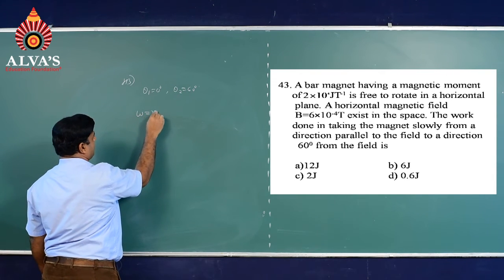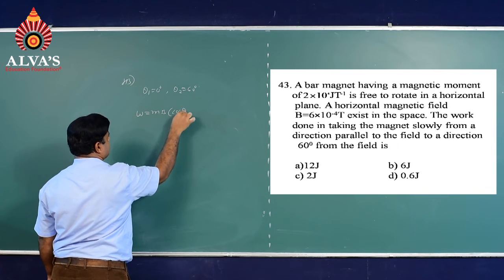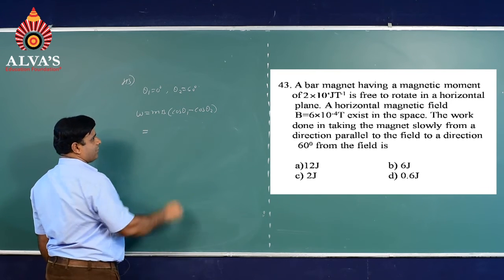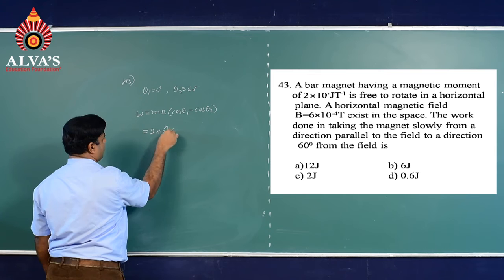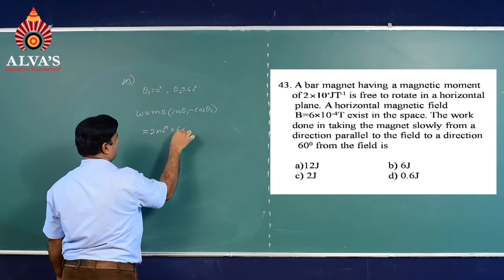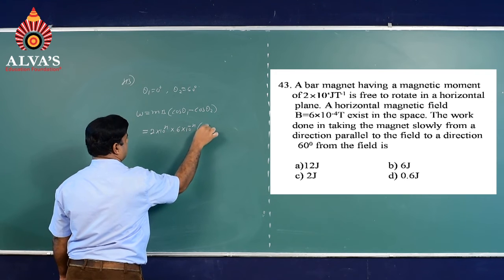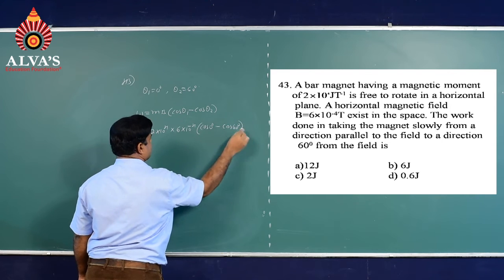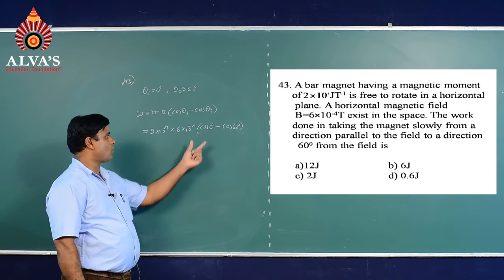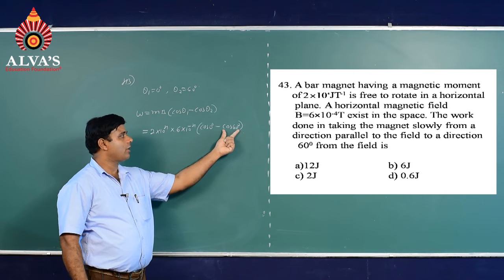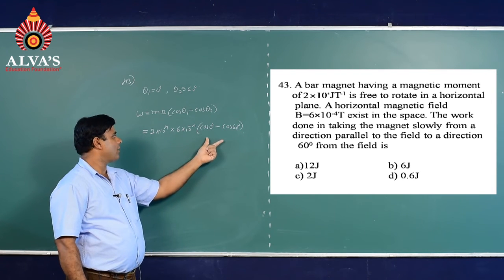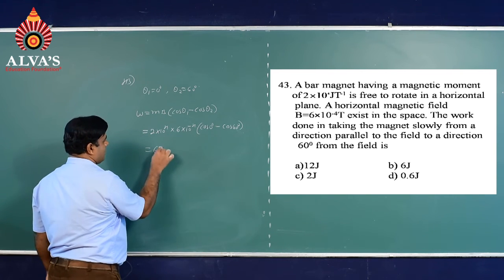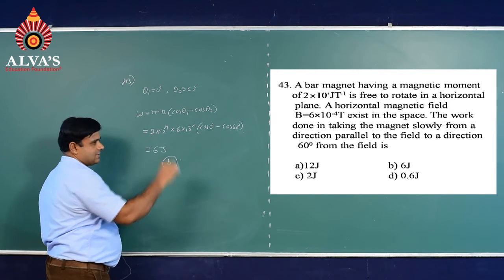Work done is given by the formula MB into cos theta 1 minus cos theta 2, where M is given as 2 into 10 to the power 4, B is given as 6 into 10 to the power minus 4, theta 1 is 0 degree, theta 2 is 60 degree. Cos 0 is 1, cos 60 is 1 by 2, 1 minus 1 by 2 is 1 by 2, 2 cancels, remaining is 6. So the answer should be 6 joule. So B is the answer.